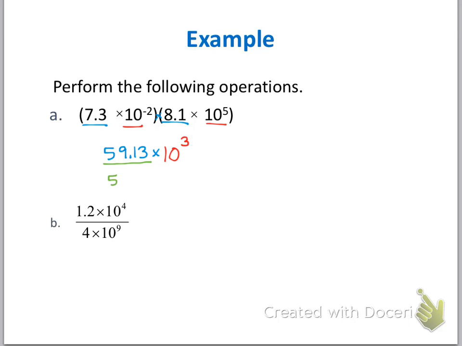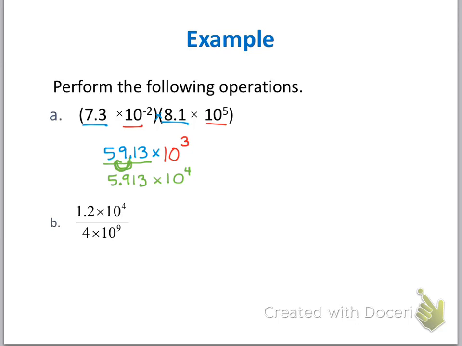So if I move that decimal one place, I need to adjust in my exponent. So I made it smaller here. So to balance it, I need to make it bigger here. If I take away place value here, I must add it here.